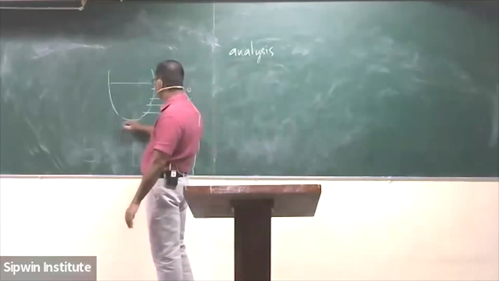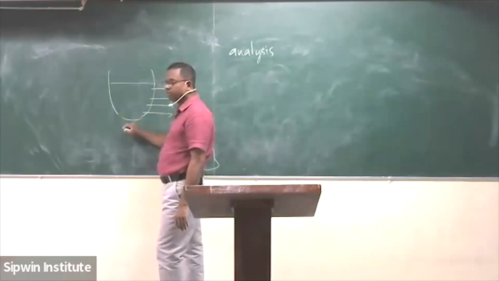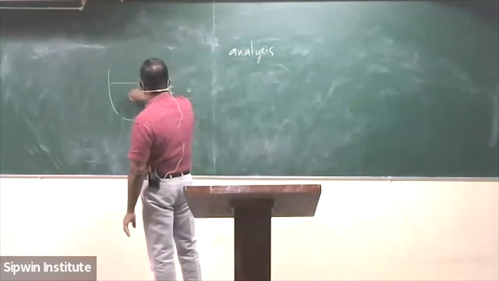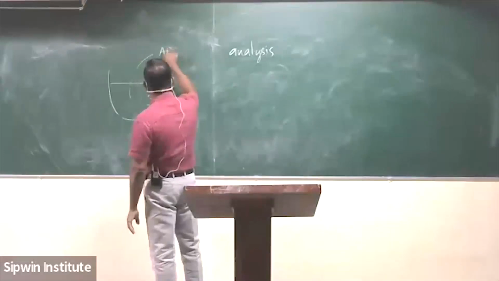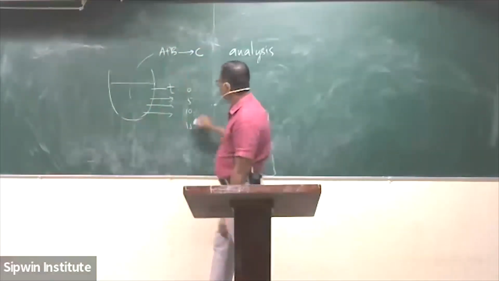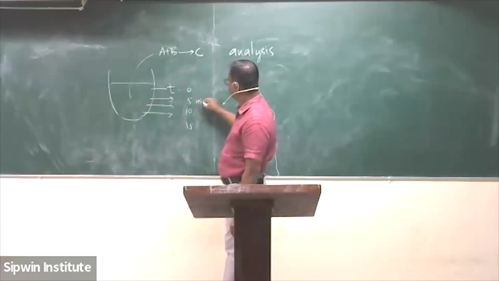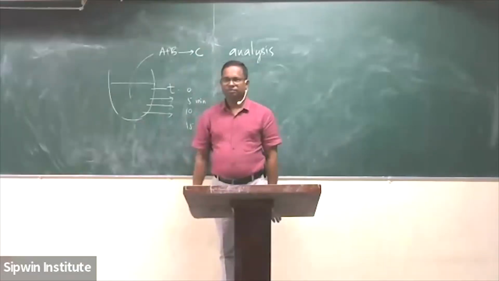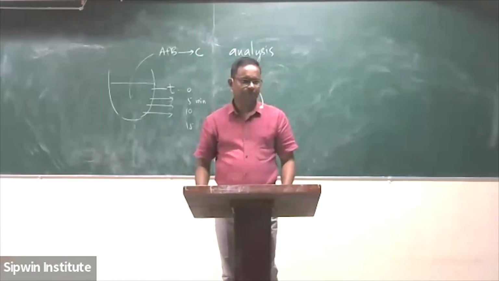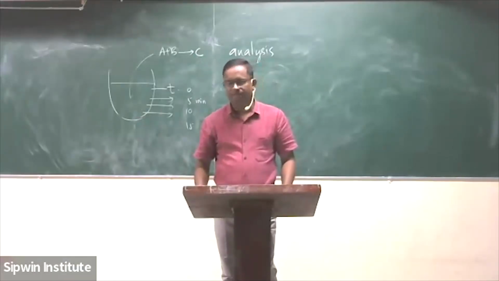But as you learned last week, we have a problem in this one. Inside this reaction mixture, say A plus B into C reaction is happening. After 5 minutes, I take a sample to the outside and now I am going to do a titration for that one.